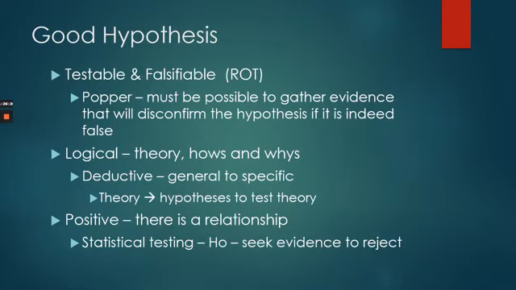We already talked about how good hypotheses have that ROT thing. They're reliable, objective, testable. And in terms of science in general, we want it to be falsifiable. What does that mean? It means that with your hypothesis, there's a chance that you won't find supporting evidence for it.